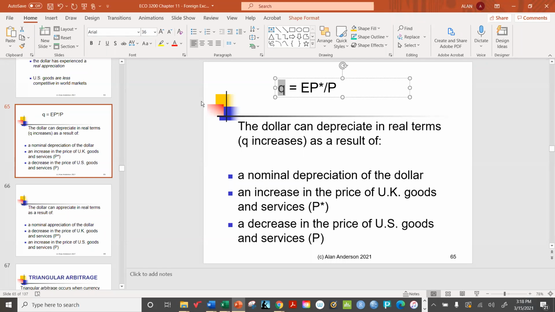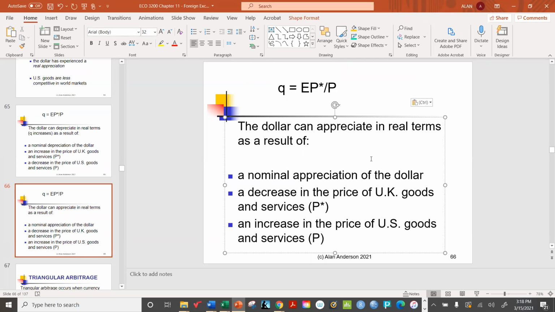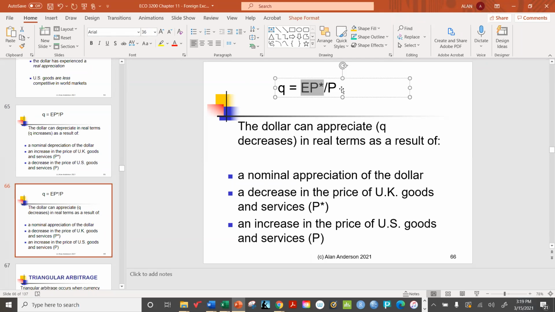Now we're going to look at the opposite case, of course. The dollar can appreciate for three different reasons. This time it could be caused by nominal appreciation of the dollar, lower prices in the UK, and higher US prices.